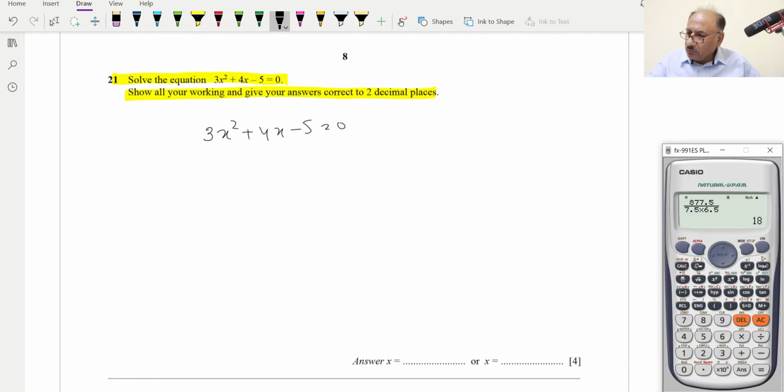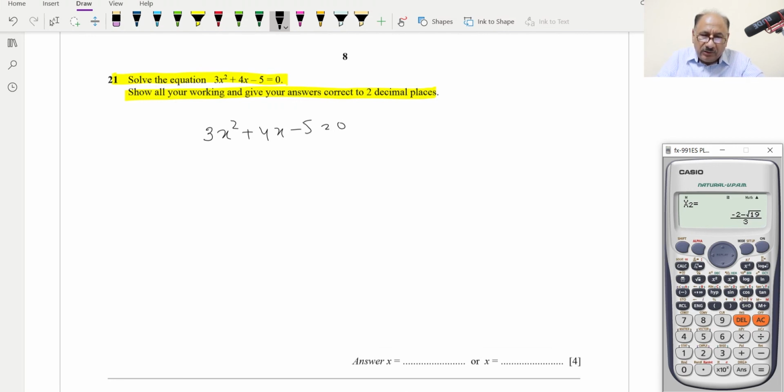We could use mode 5 on the calculator, with coefficient of x squared 3, coefficient of x 4, and constant minus 5, but we get decimal values, so better to use the quadratic formula.